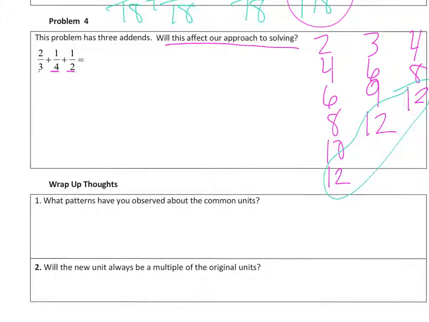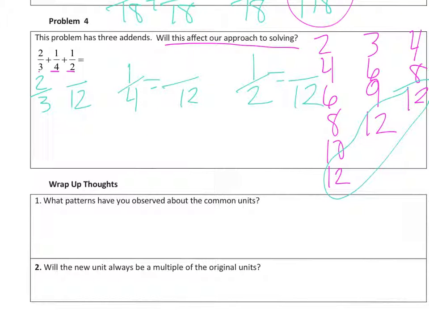So let's see. 2 thirds into 12ths. 1 fourth into 12ths. And 1 half into 12ths. Here we have to multiply by 4. Here we have to multiply by 3. And here we have to multiply by 6.